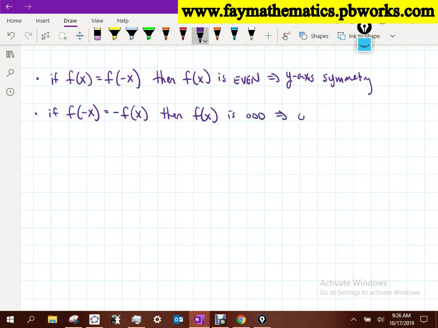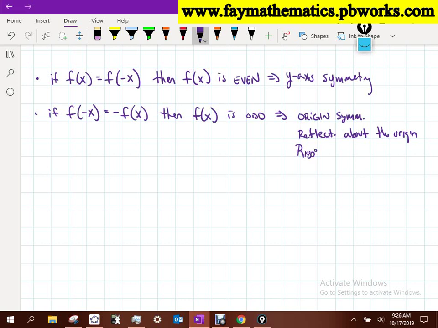Which means we have origin symmetry, a couple different ways. We'll talk about this. You can maybe call it a reflection about the origin. If you remember back to geometry, it's a rotation of 180 degrees about the origin. There's a lot of different ways that we can phrase this.